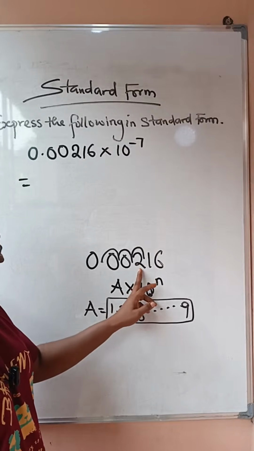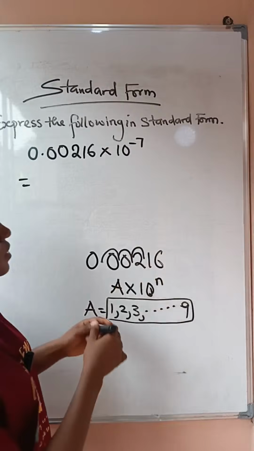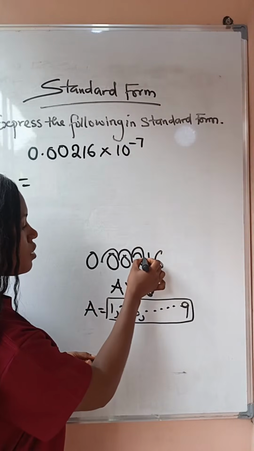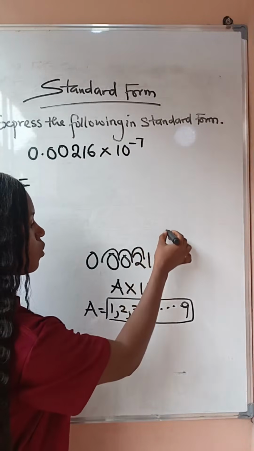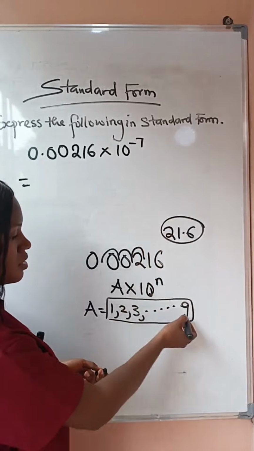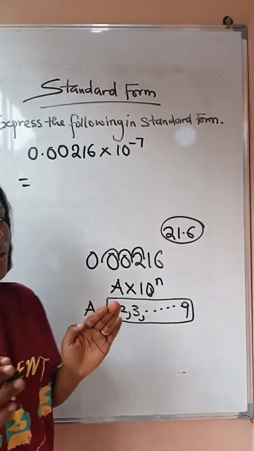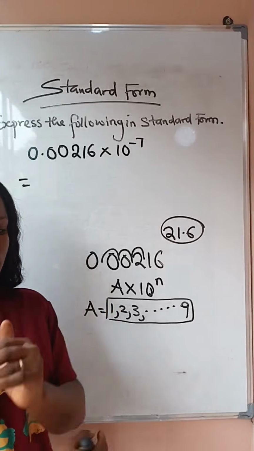So I cannot say 21.6. No, it will not work, because if I decide to move this decimal point to this side, I will have 21.6, and 21.6 is bigger than this number. So it cannot serve as my a. That means my a now is 2.16, right?